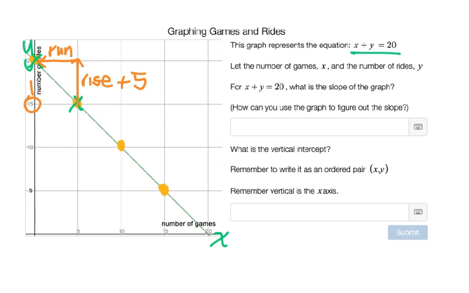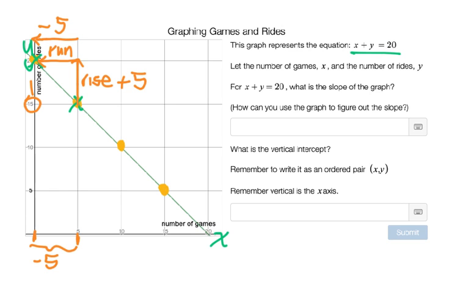And now I'm running to the left. Remember, whenever I run to the left on a number line, I'm running in the negative direction. So how much did I run? Well, take a look down here. I went from 5 to 0. So I ran negative 5.